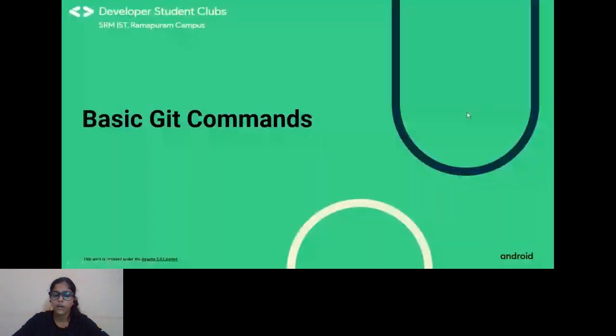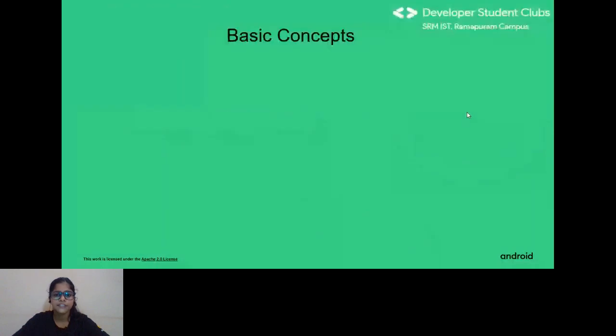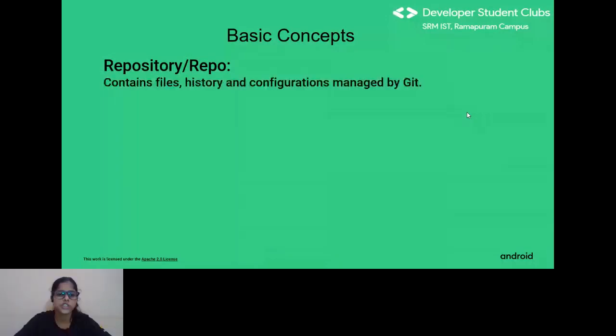So the next thing we are going to see is the basic Git commands. But before that, we will go through the basic concepts you need to know before you go through the commands. So what is a repository? It is a place which contains files, history, and configurations managed by Git.